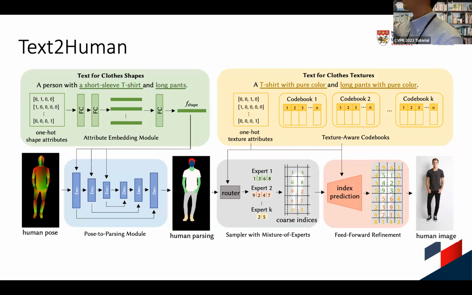So maybe you can learn two separate networks: one autoencoder for the shape, another autoencoder for the texture. So you get different codebooks. You also try to link the text with the different codebooks. In that way, you can do a much better job than just using a general diffusion model or general text-to-image models in a very specific field. Okay, so that's our first part, on text to humans.